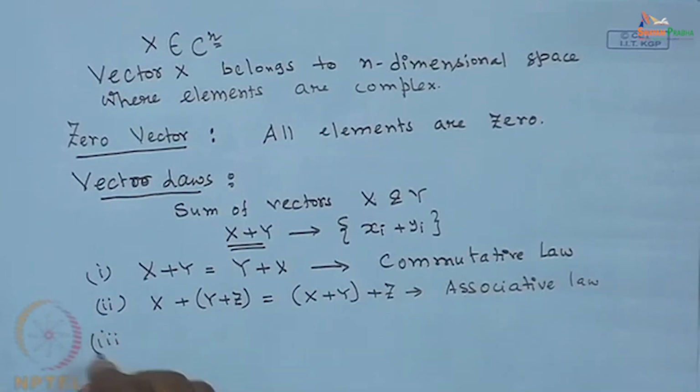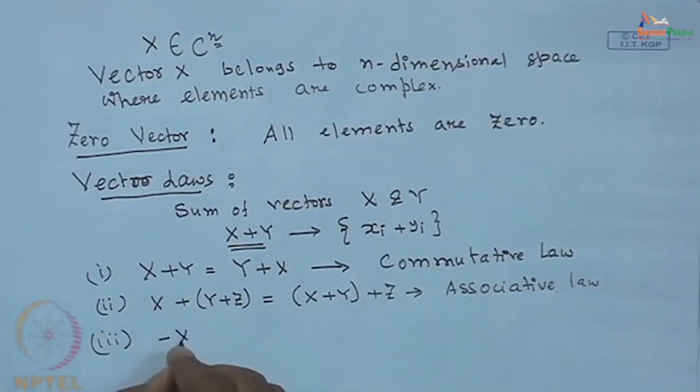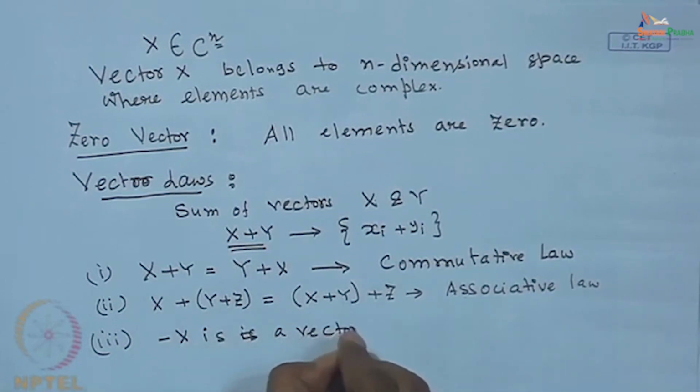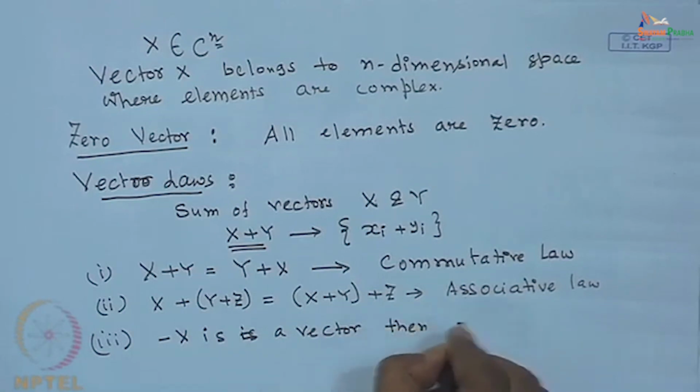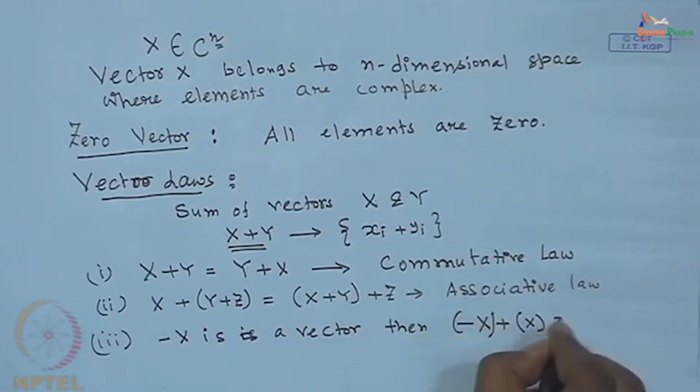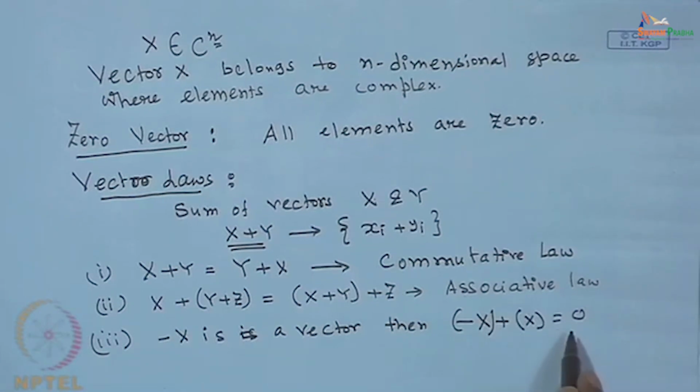Next vector law: if x is a vector, minus x is a vector, then minus x plus x will give rise to a 0 vector. That means every element of minus x is equal and opposite in sign to the corresponding element of the x vector. So, when you add them up, every element gives 0. That is why you land up with a 0 vector.